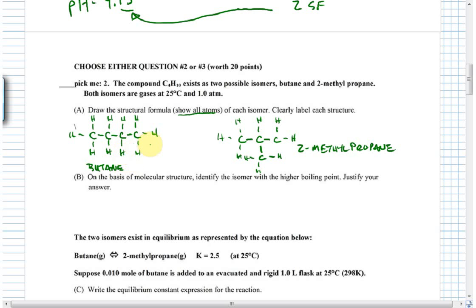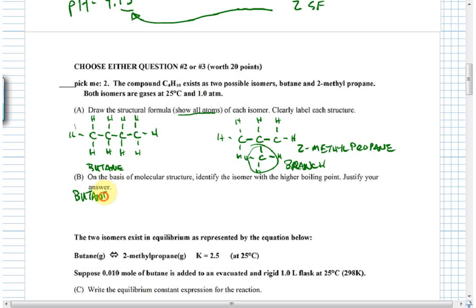Okay, so with the branch, the methylpropane molecules cannot get as close to each other. Therefore, they do not have as strong a London dispersion force. So they both have London dispersion forces as their only intermolecular force.